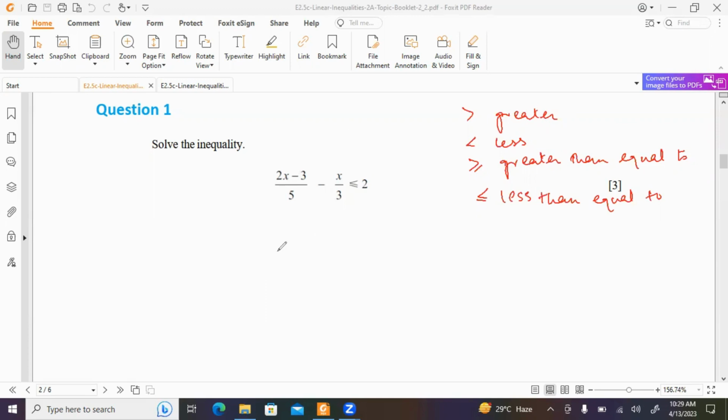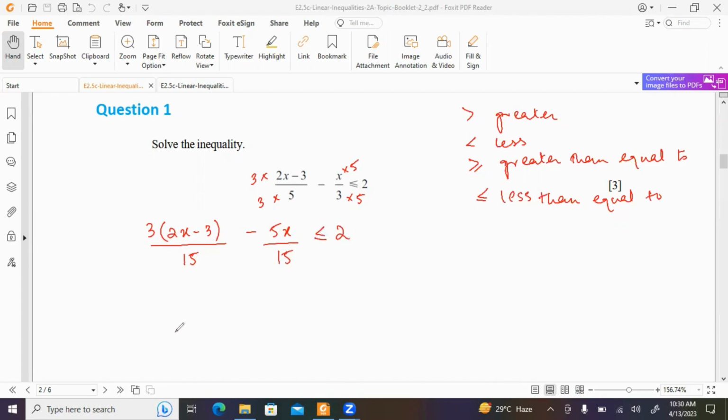To do that, I'm going to multiply the first fraction by 3 and the second fraction by 5. So we get 3 times (2x - 3) over 15 minus 5x over 15, which is less than or equal to 2.